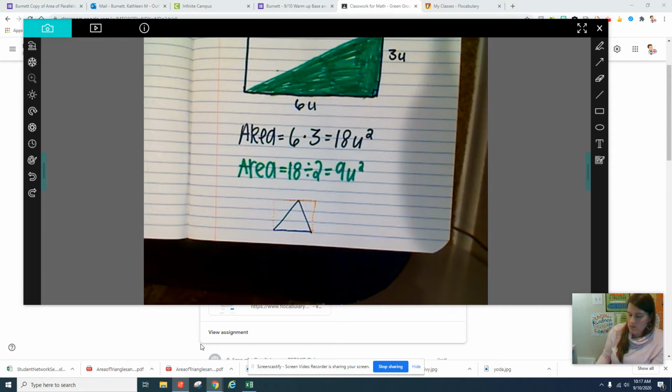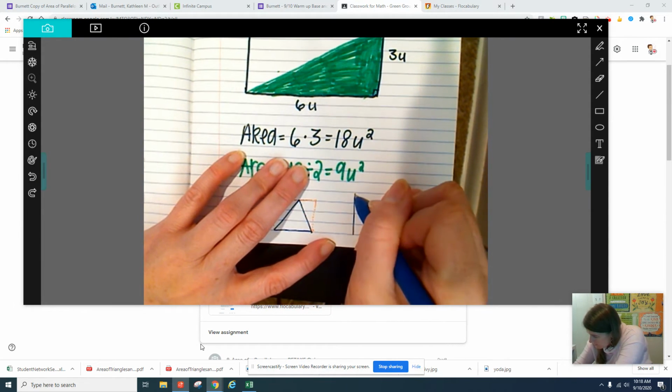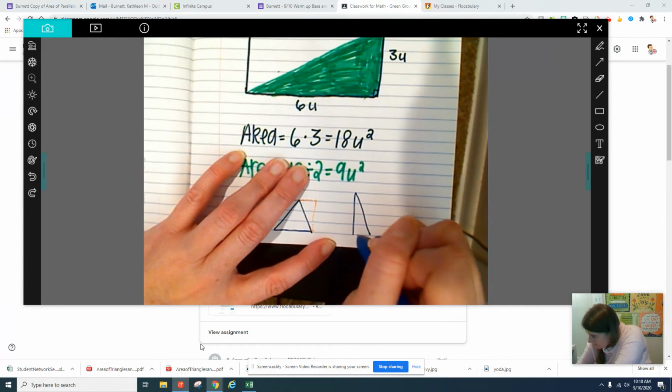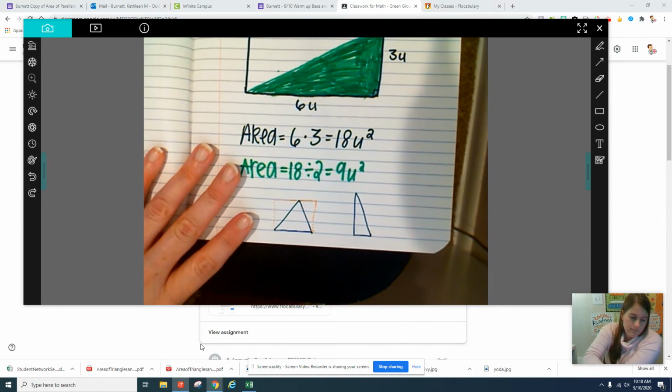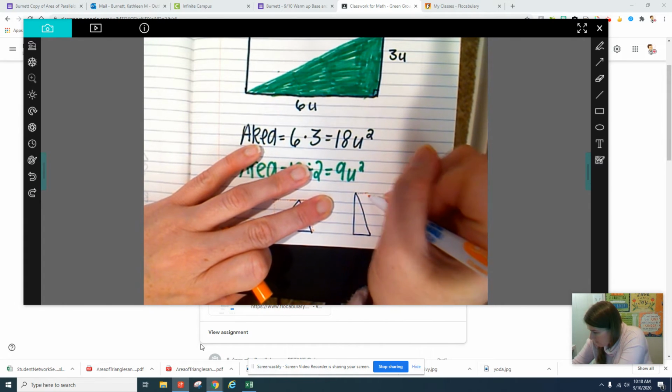Okay, so we're going to use that knowledge to help us figure out the formula for the area of a triangle. Okay, if I had a triangle that looked like this, I can make it half of a rectangle.